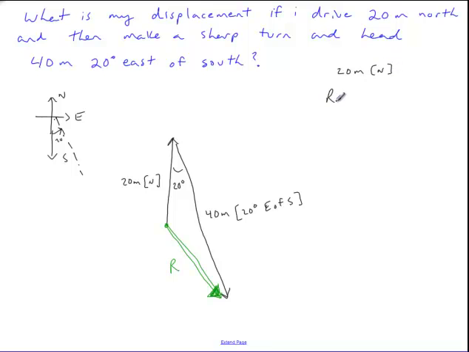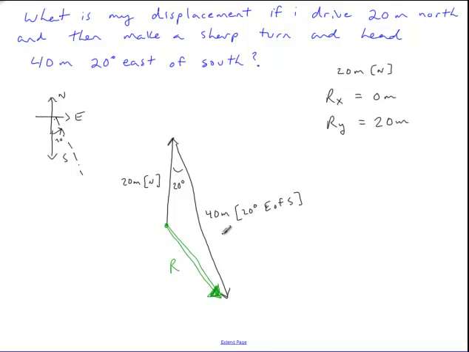Now let's do that. In the x direction, we have no movement, 0 meters. In the y direction, we're going 20 meters up. So that's positive 20 meters. Remember, up is positive, right is positive, left is negative, down is negative. So that one's easy.